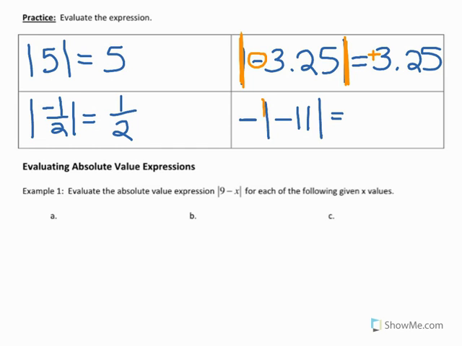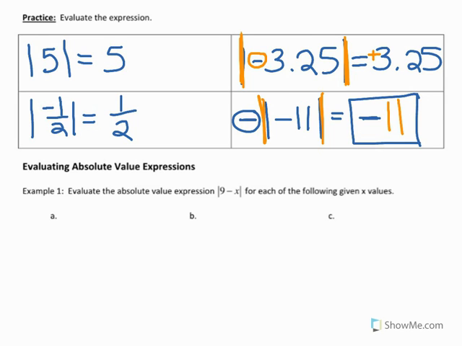Well, here we're going through the car wash, so 11 is going to come out positive, but here's another negative outside. That's like somebody waiting with mud ready to throw it at your car as soon as it gets out of the car wash. So the answer is actually negative 11 in this case, because the negative is outside the absolute value.